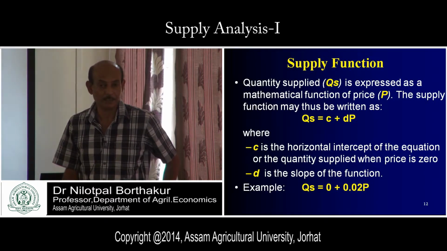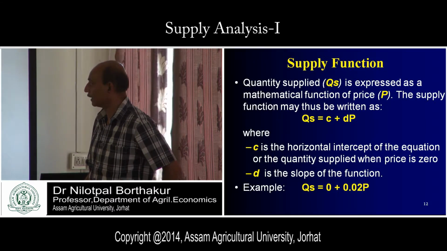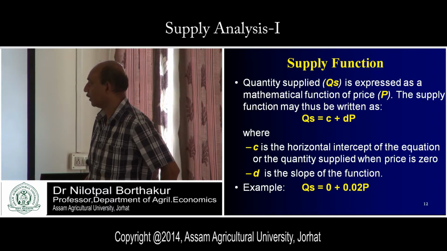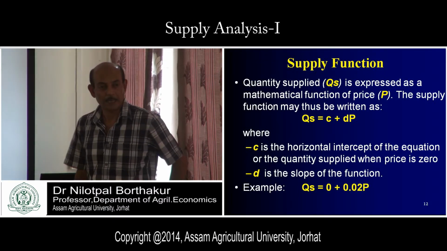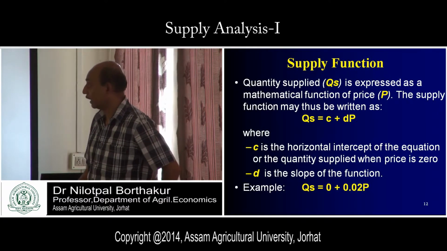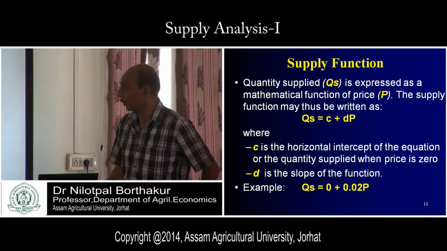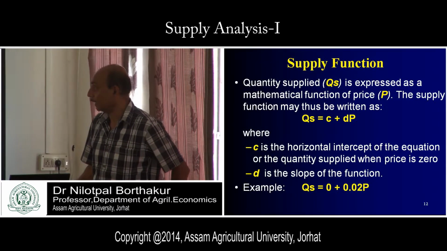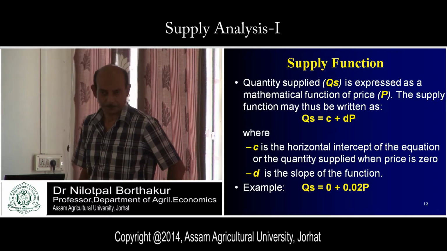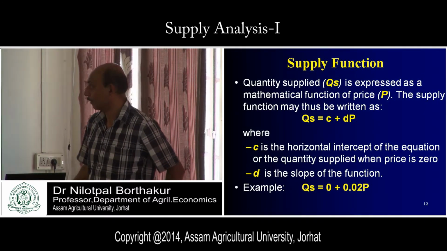It is a straight line supply function, where c indicates the horizontal intercept of the equation, or the quantity supplied when the price is 0. c indicates the quantity that is offered for sale when the price is 0. And d indicates the slope of the function.